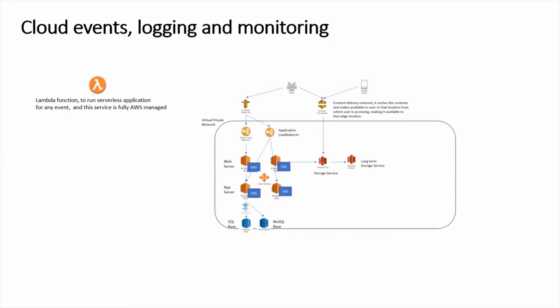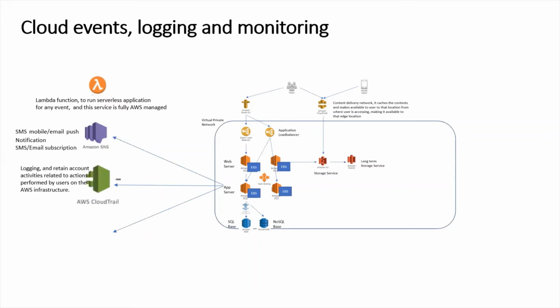In this, we have a Lambda function to run serverless applications for any event, and this service is fully AWS managed. We will configure Amazon SNS for mobile and email push notifications and subscriptions. We have CloudTrail for logging and retaining account activities related to actions performed by users on the infrastructure.